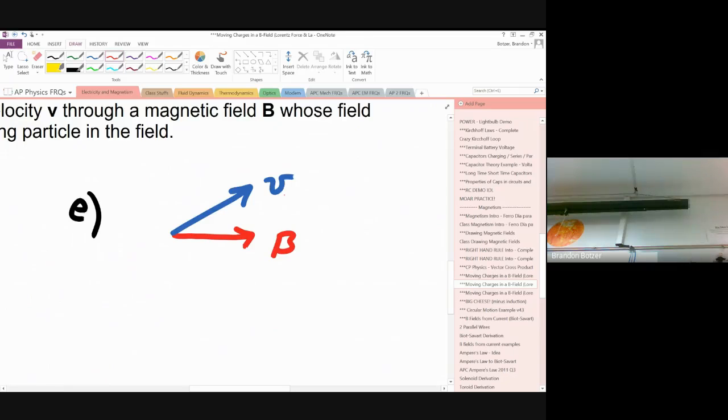What's the direction of the force vector? The B field going straight across. Nah, it's coming a little bit down.